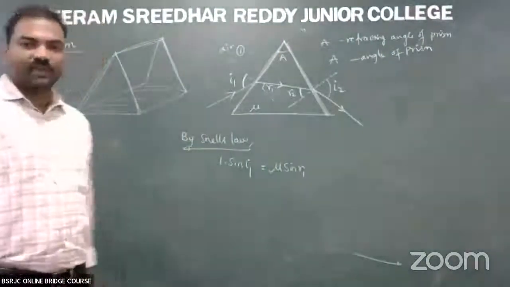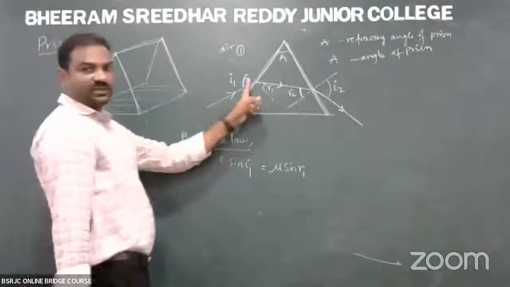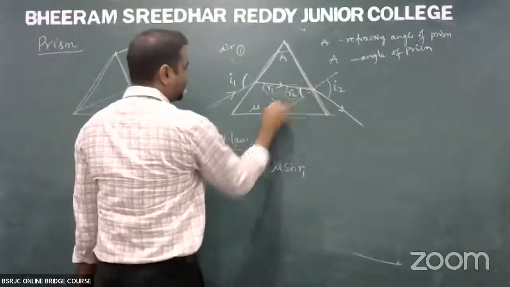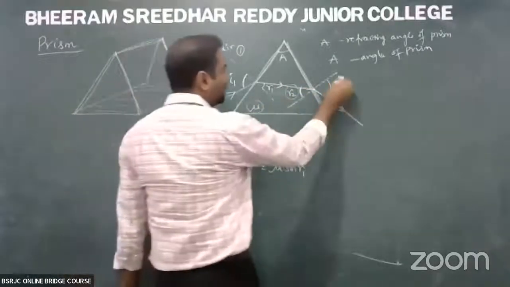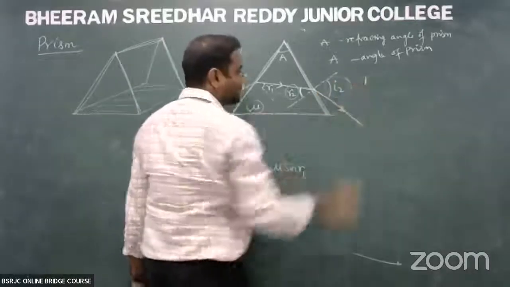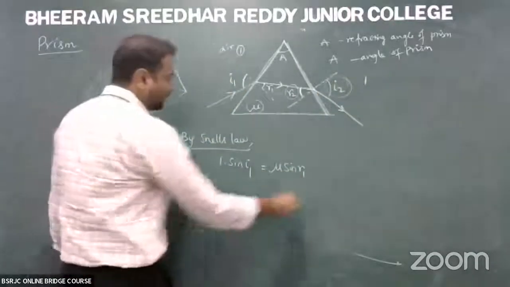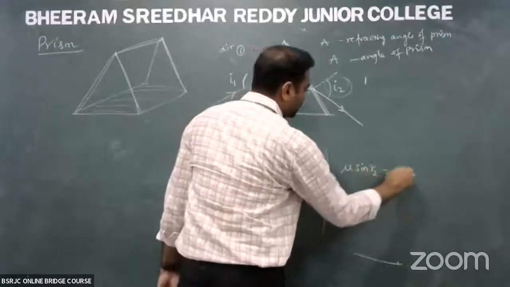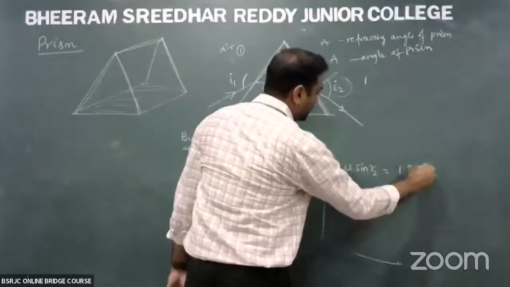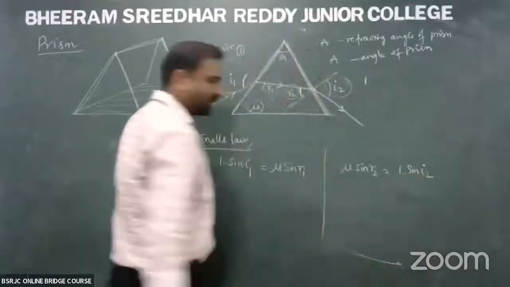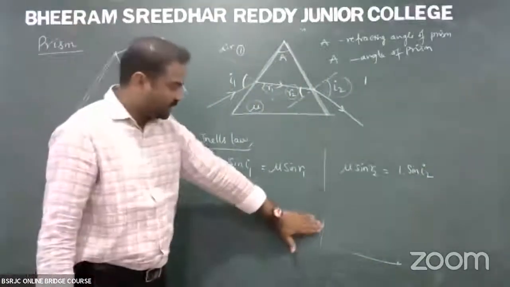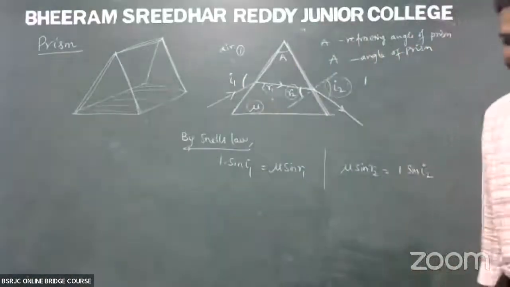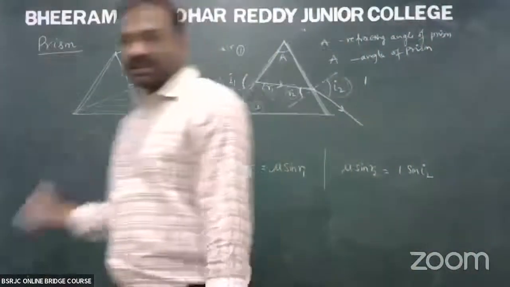So this is one refraction. There is another refraction. The angle is R2, refractive index is mu, and the angle is I2, refractive index is 1. Then the other relation I can write is mu into sine R2 is equal to 1 into sine I2. Hope you are understanding this. Whoever has followed the physics classes from the first can understand very well.